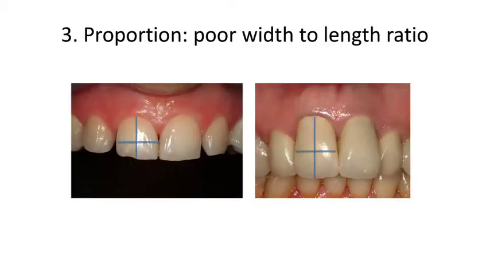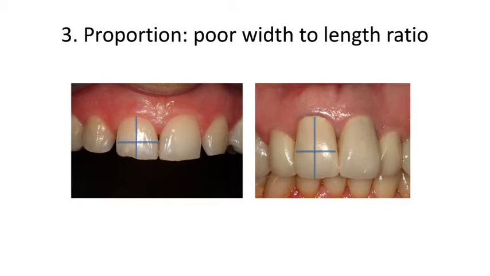If the width to length ratio is not correct, as you see in these two cases here, due to wear of the teeth, as the case on the left, or due to the way the teeth have been restored on the right, you can see that it results in a less than attractive arrangement. Wear of the teeth, like you see on the left, can result in loss of length of tooth structure, and then you get a tooth that is almost square in proportions instead of rectangular.